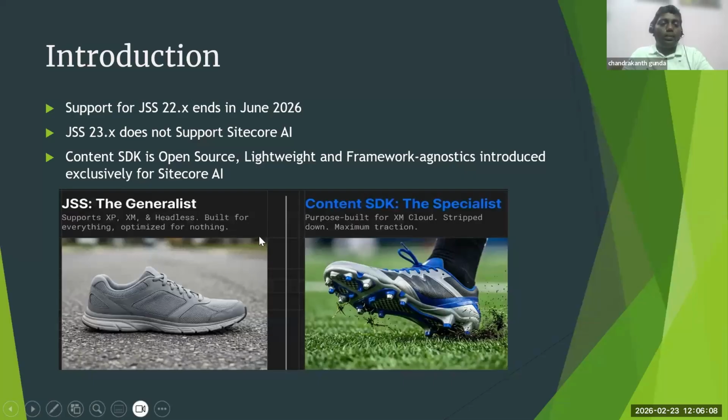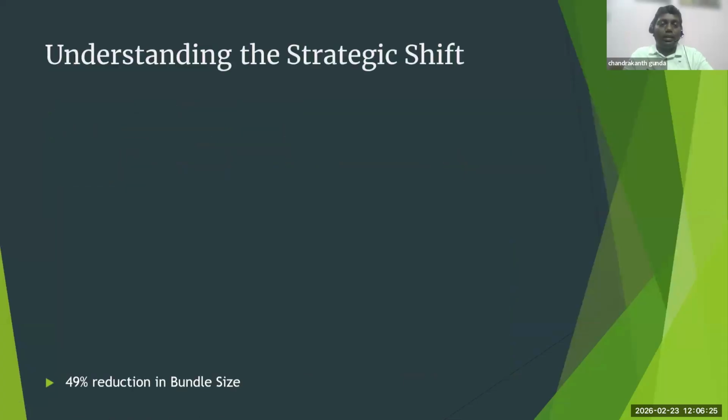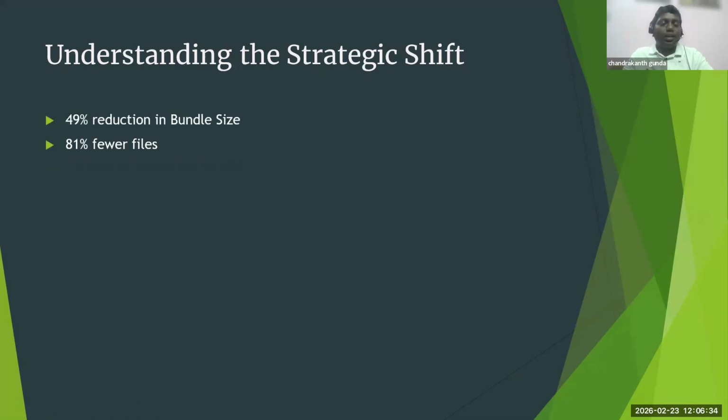Overall, the core concept of headless remains in Content SDK, but whatever is not relevant to XM Cloud has been removed. So overall the node module size, or the bundle size, has been reduced by 49%, and we have 81% fewer files and 39% less code.